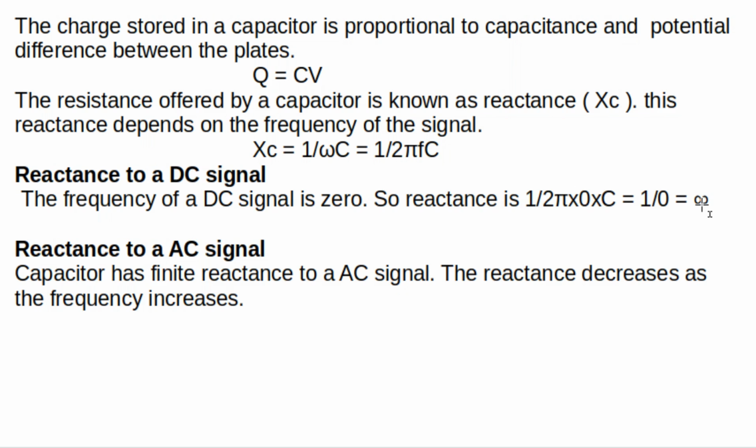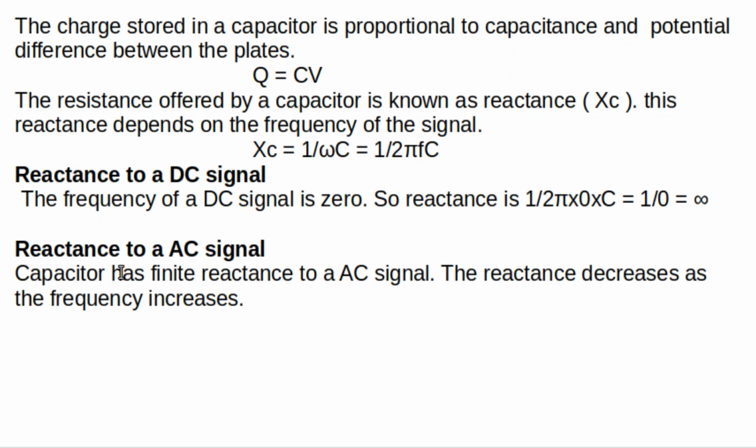If the capacitor has infinite reactance to a DC signal, it means the capacitor does not allow the flow of DC current through it, or a capacitor acts as an open circuit to a DC signal. It will never allow DC current to pass through.